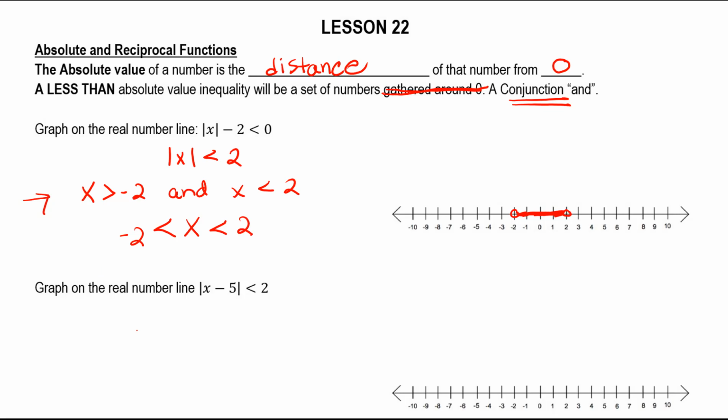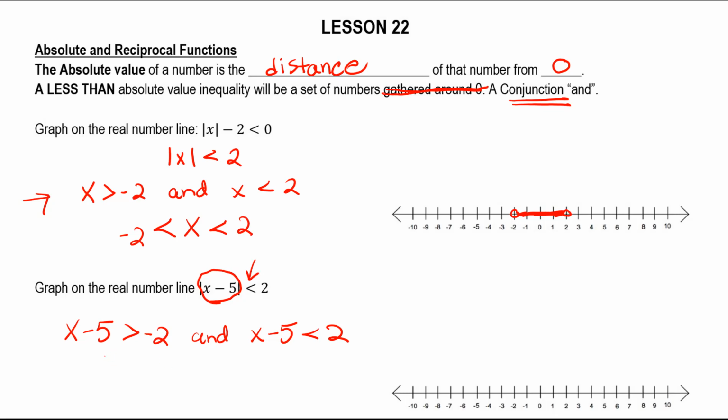If it's got to be closer to 0 than 2 away, then x minus 5 has to be greater than negative 2, and it has to be less than positive 2. So that quantity right there, whatever it is, has to have a value that's closer to 0 than 2.